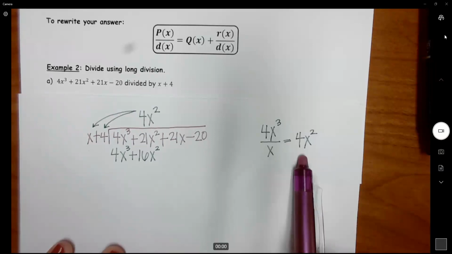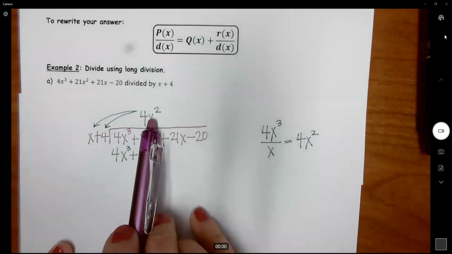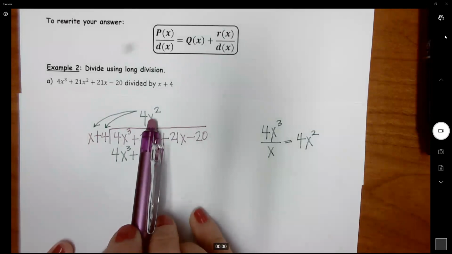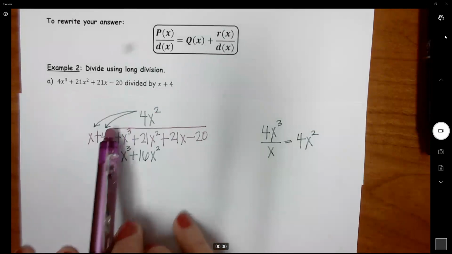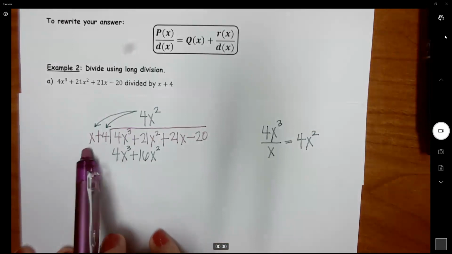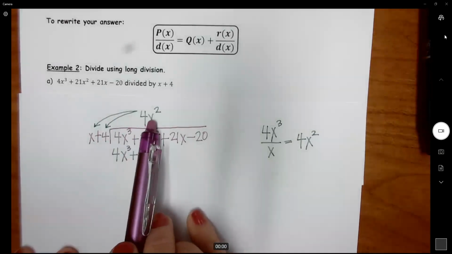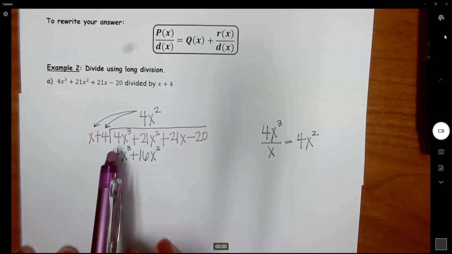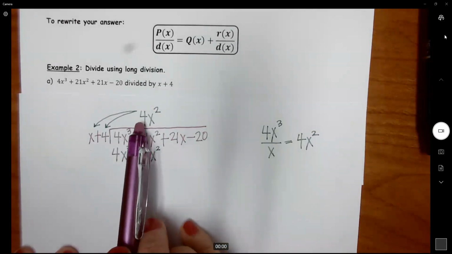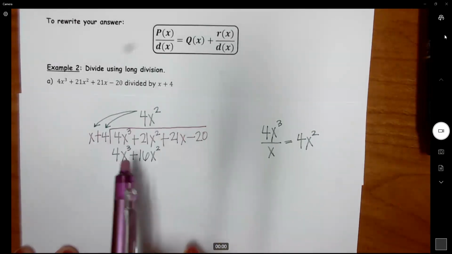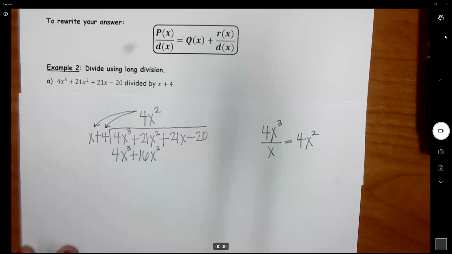Once I divided and figured out it was 4x squared, that went above my x squared. And when I multiply this back, now you have to distribute it by both these terms here. So 4x squared times x is 4x cubed, which went under my x cubed. And 4x squared times 4 is 16x squared, which went under my x squared.